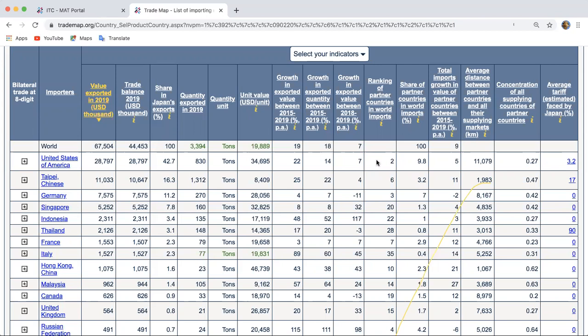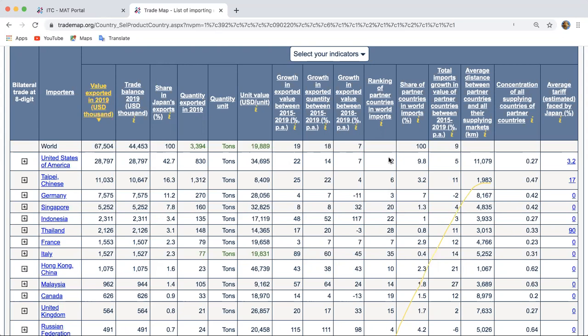Then the next column is ranking of partner countries in the world imports, and this is also an interesting one, because it shows you how large their global imports of green tea are. So the US was the second largest importer in the world of green tea.